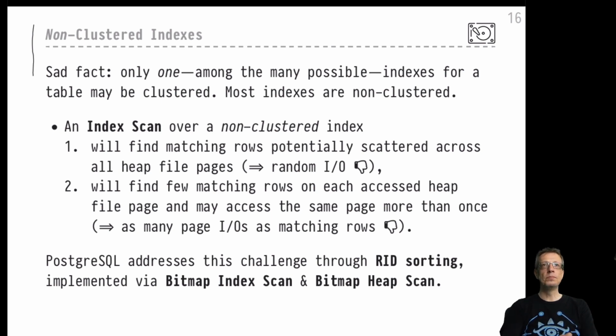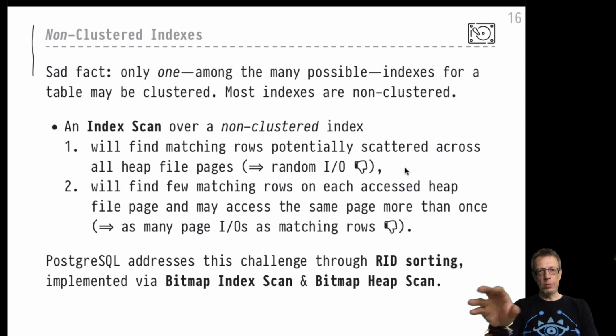Okay, so scanning such a non-clustered index will find matching rows regarding the C predicate, for example, potentially scattered across all of the file. All of the pages could potentially carry matches or hits regarding this particular predicate on column C. Okay, so that leads to random I/O.